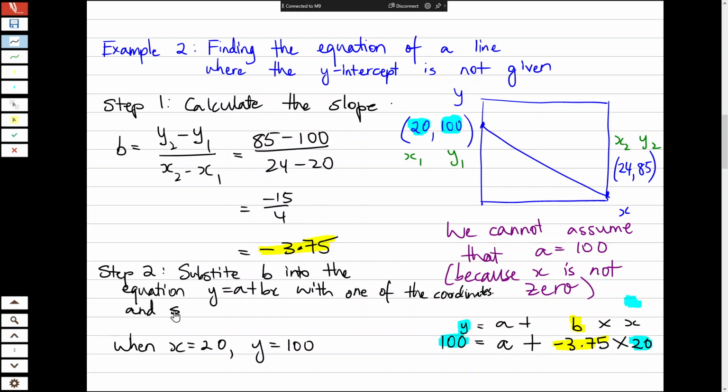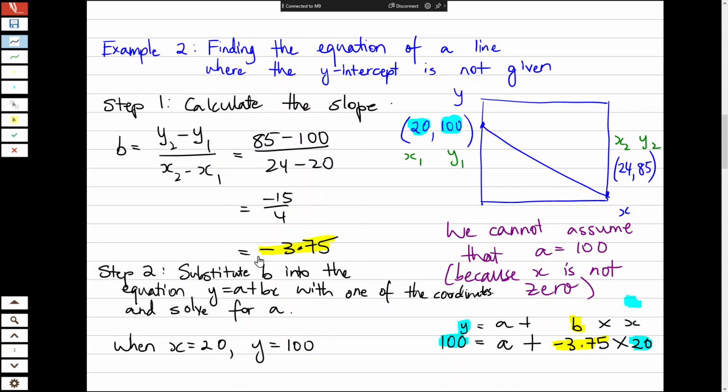And what we're doing here is we are solving for A. So over here, I've got a linear equation in terms of A. Once I do some rearranging, I will be able to write down A equals some number, and then I've got the intercept.